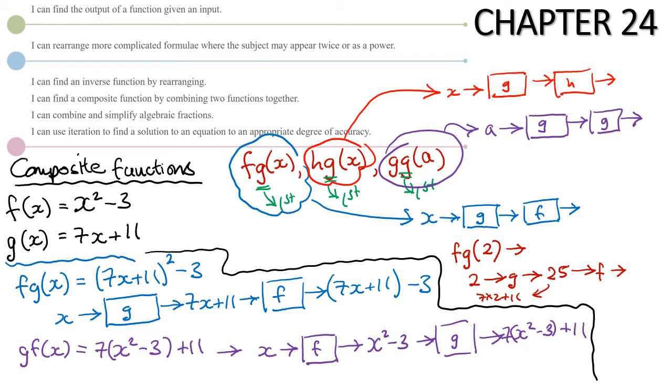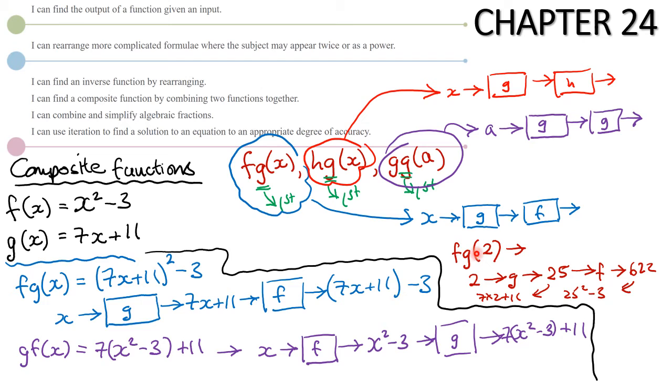Then what will come out is going to be 25 squared. I don't know what that is. I'll use the calculator. 625 minus 3. So 622. So 622 comes out, and that is 25 squared minus 3.